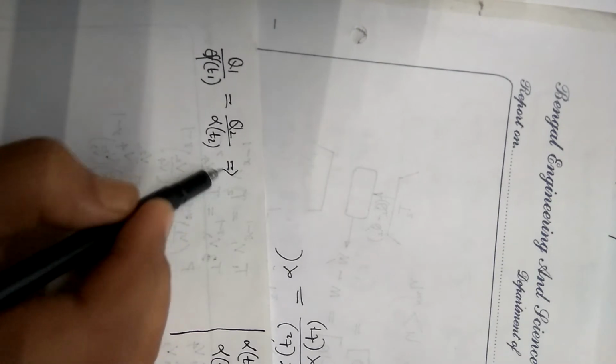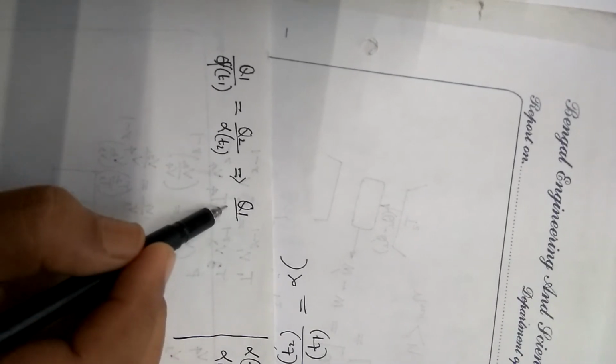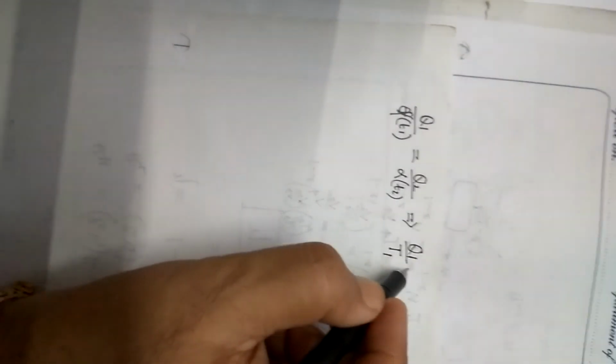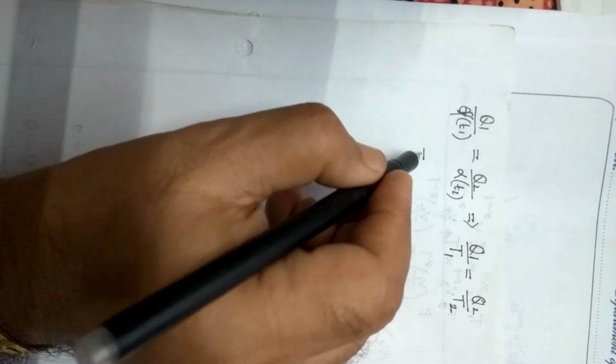So what he did, he said let Q1 be proportional to the temperature itself, and let it be denoted by the capital T. So let Q1 by T1 be equal to Q2 by T2, with further restrictions that he said let it be a linear scale.